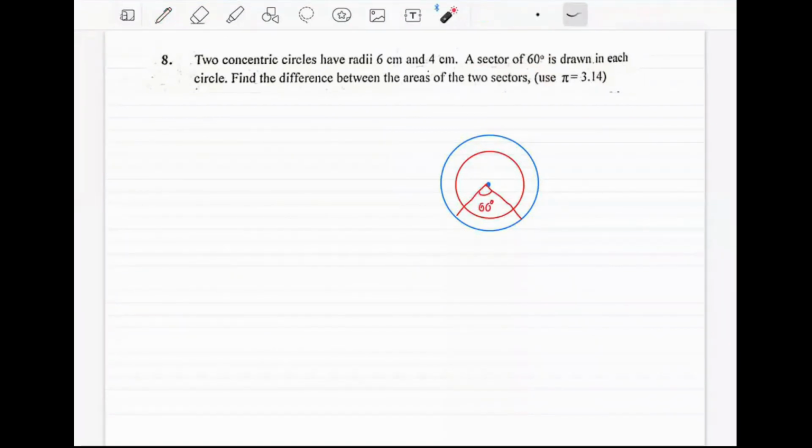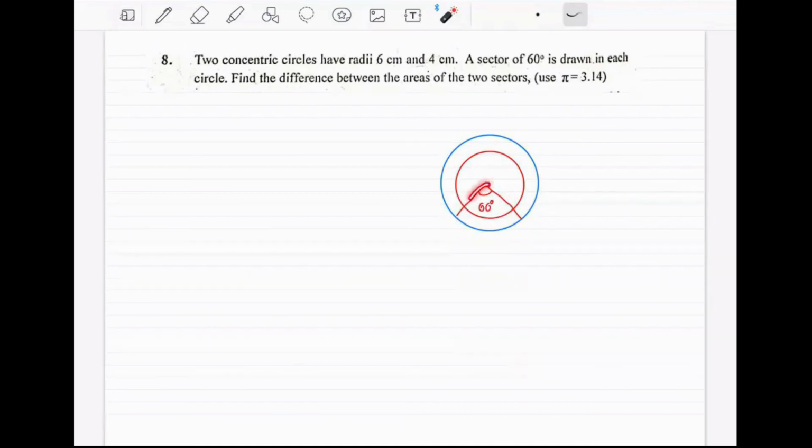Now the question wants the difference between the area of the two sectors. You find the area of the first sector right here, and this bigger sector right here, you find out the area. The white part is the difference in area between the two sectors.